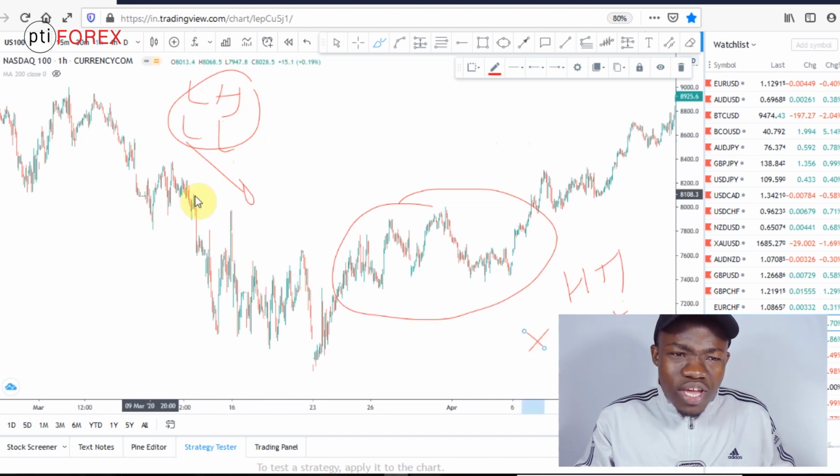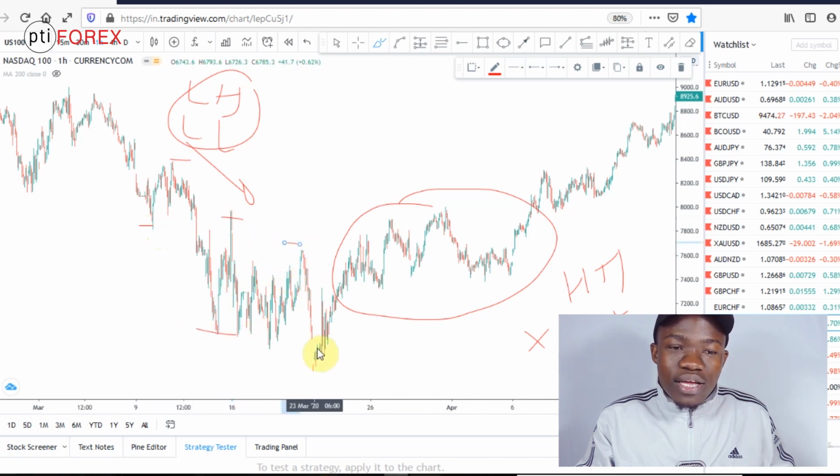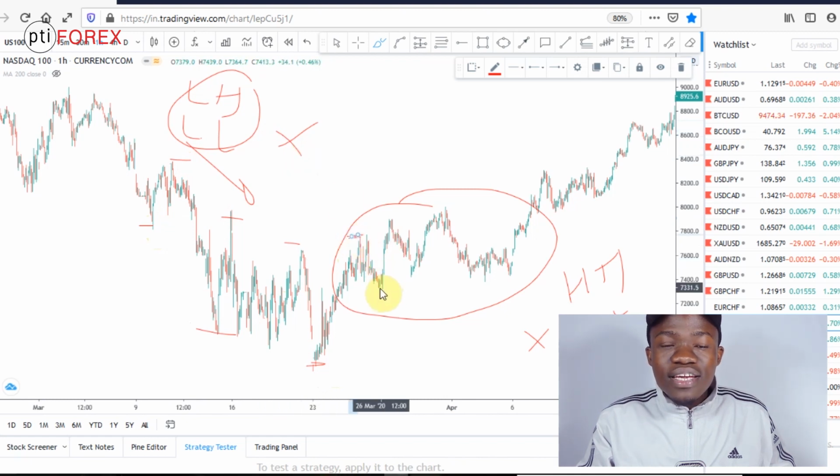For example here, we can see lower lows, lower highs, lower highs, lower lows, lower highs, lower lows. But here, it is no longer a lower high. It is now a higher high, meaning it is no longer a downtrend. So if it's a higher high and the next thing is a higher low, seeing these two things here now shows you that it is no longer a downtrend, but it is now an uptrend.